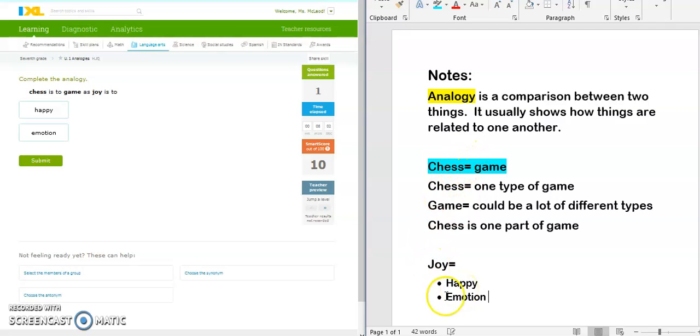So I want a piece of a whole, like game would be the whole. So now that I look, I see happy is one type of feeling, and I know emotion is many types of feeling.